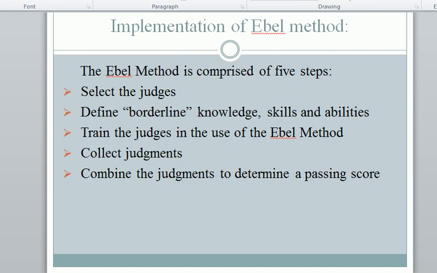In the Ebel method, like other methods of standard setting, there is a general standard setting procedure. Ebel used the following steps for setting standards for the performance level, for the achievement of participants.